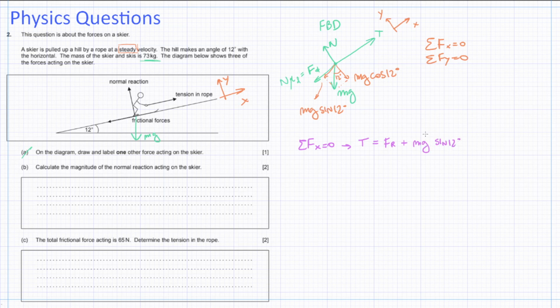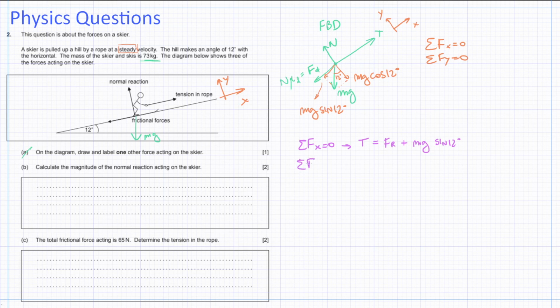And think about this, you can visually see here that tension is pulling you to one side and those two forces are trying to pull you on the other side. And since you're moving with a constant speed, the acceleration is 0, therefore those forces are balanced.